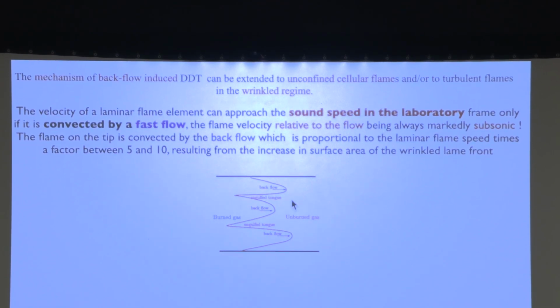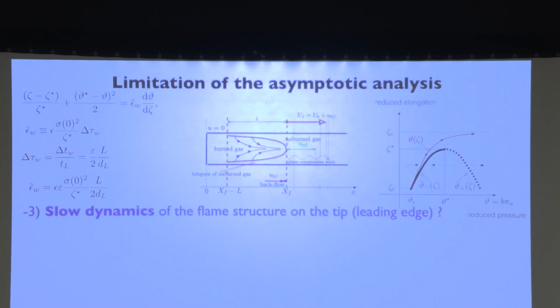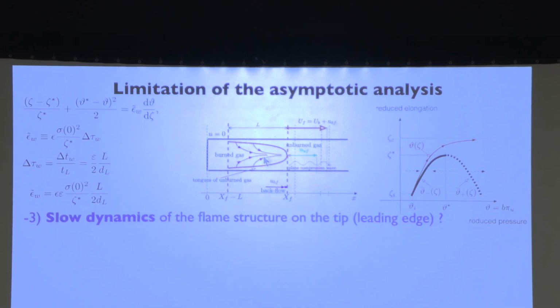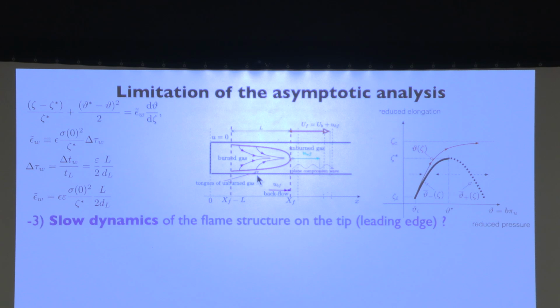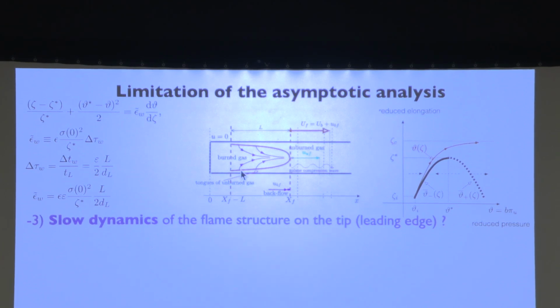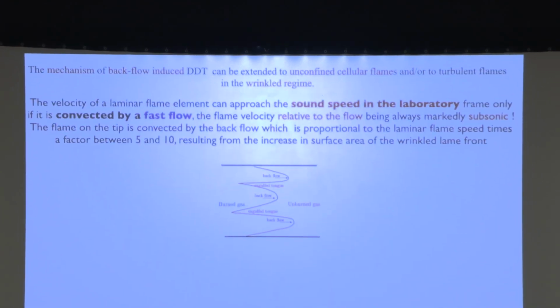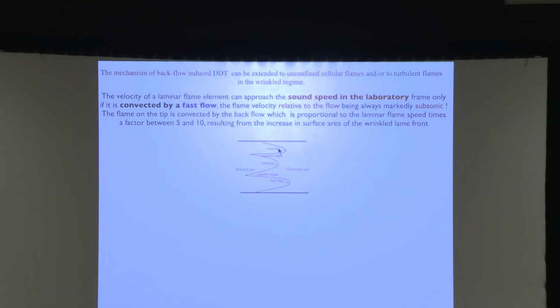And in a sense, you are in a situation similar to this one. Every tip here is pushed from behind by the burnt gas flow, which is generated from the lateral part of the flame. You know, here you have the lateral part.